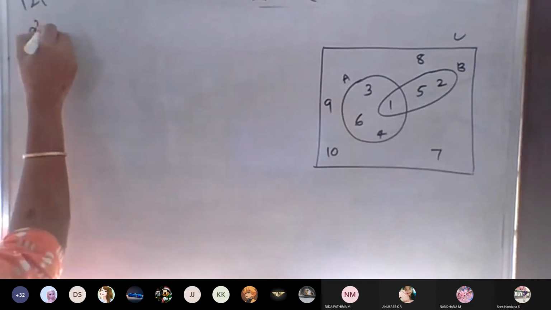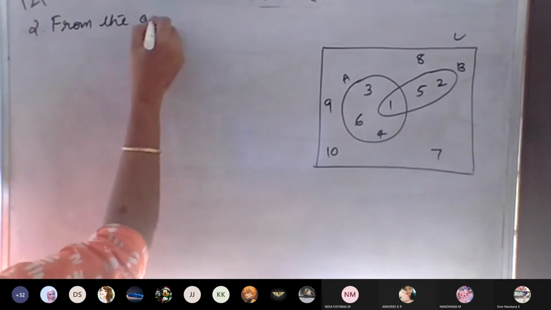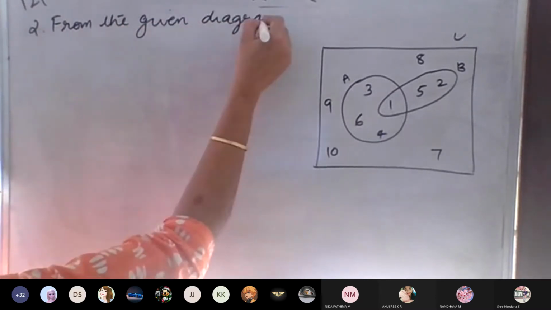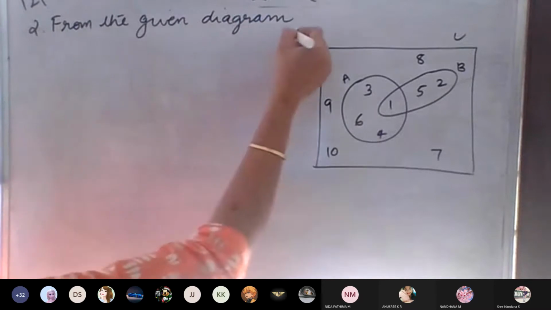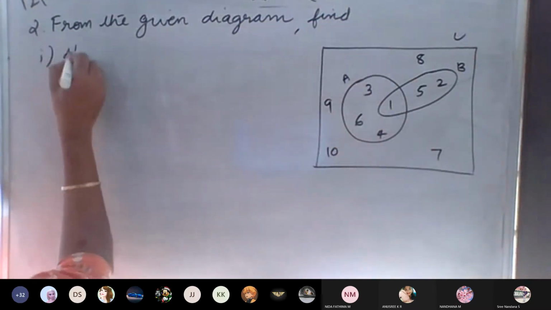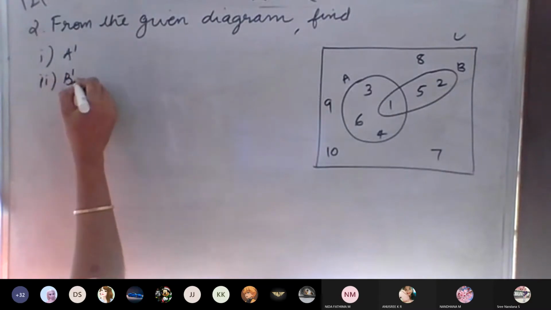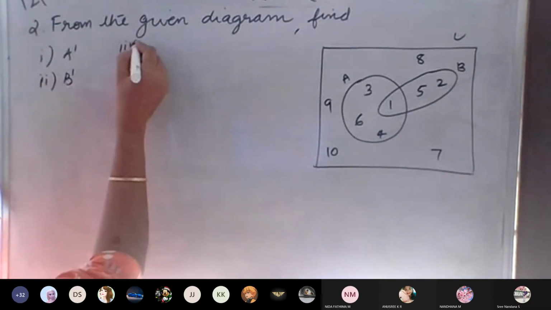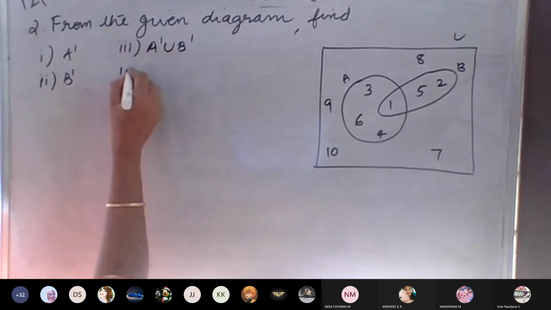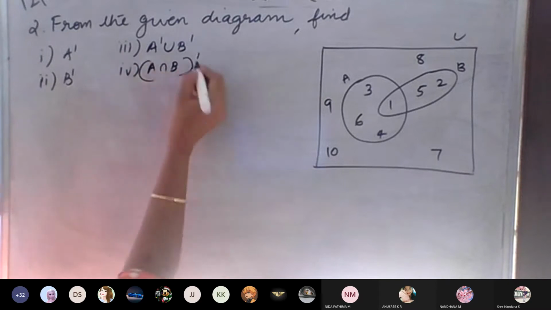From the second question, from the given diagram, find first one A complement, second one B complement, then third, A complement union B complement, then fourth, A intersection B whole complement.